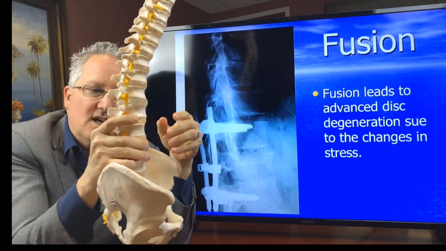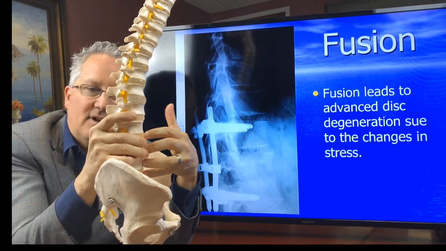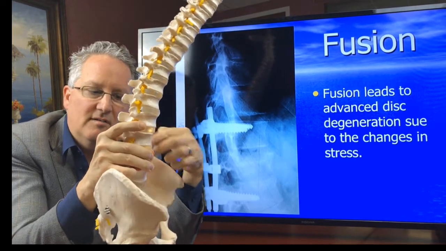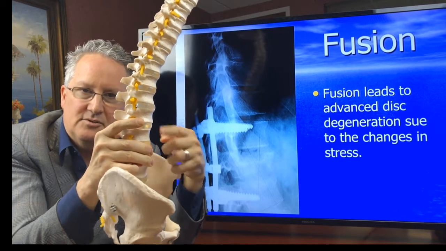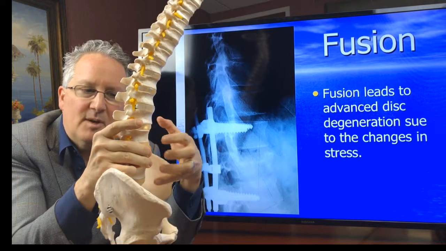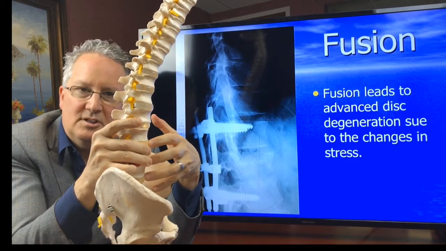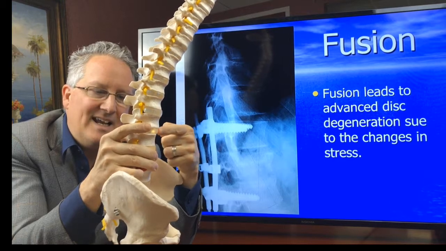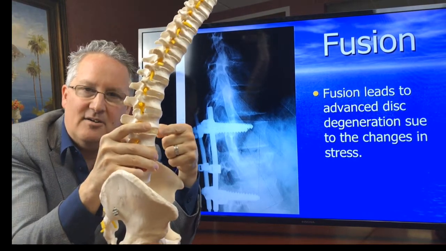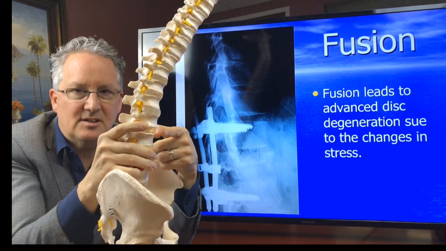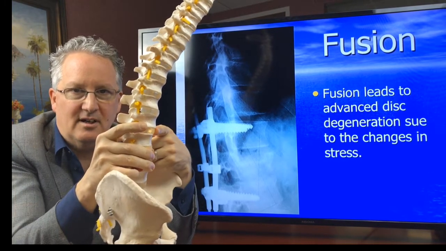But the fusion locks everything in place. And when you lock everything in place, it loads the disc above and below. It's called above and below syndrome. And when you load those discs, because now they have to bear the weight since the other vertebrae aren't doing what they should be doing as far as the motion, then these discs start to break down. And as these discs start to break down, you'll start to develop herniated discs. So those are the 6 reasons you can have a herniated disc.